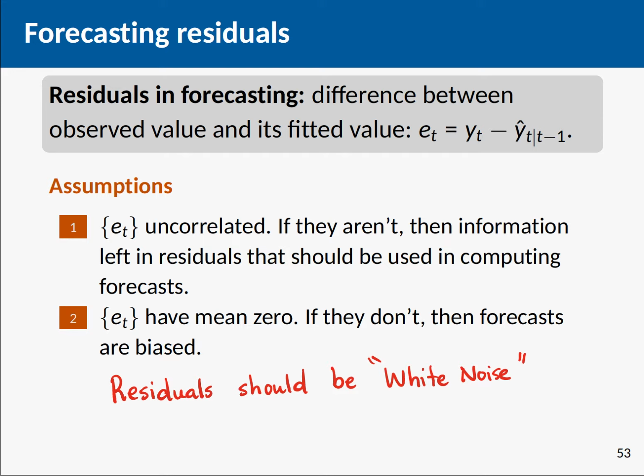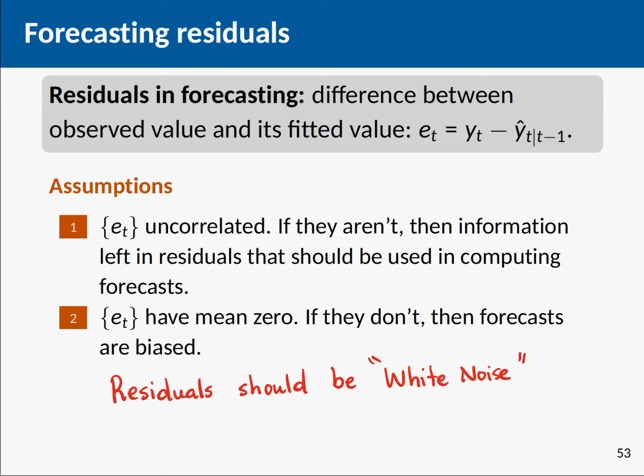One assumption is that residuals should be uncorrelated. If they aren't, then our model is not taking into account all of the information that is in our data. There's some information left in residuals that can be exploited to compute those fitted values. The second assumption is that the residuals should have a mean equal to 0.